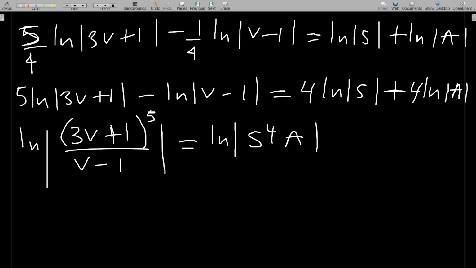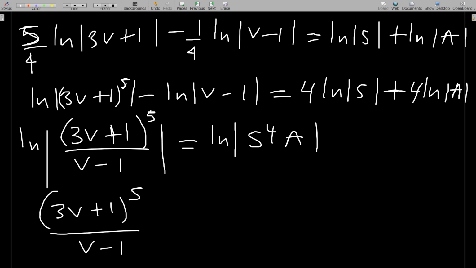When this 5 is gone, it means this whole thing will be raised to the power 5 here, and that will be it, okay? So I think this is cool. I hope you get this. So we have 3v plus 1 to the power 5 over v minus 1, and it's equal to s to the power 4 a. Now we go back to our question.